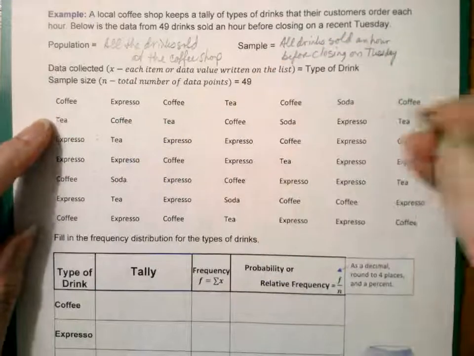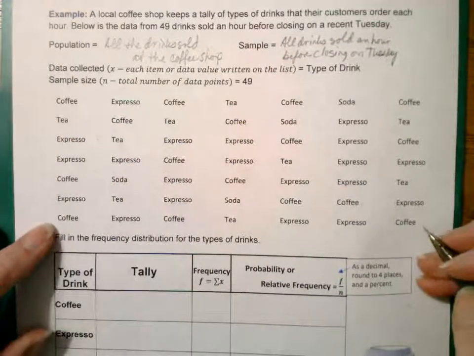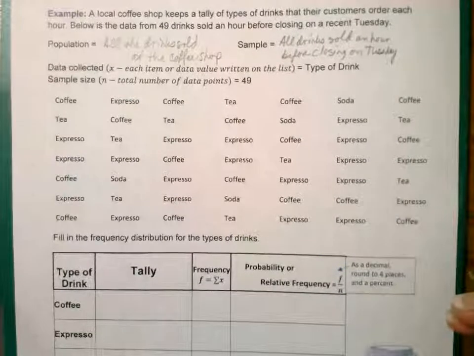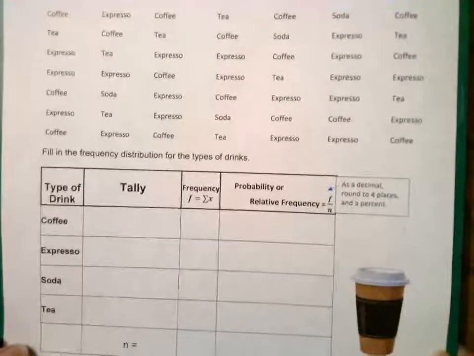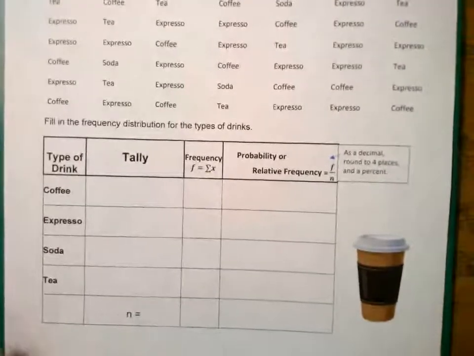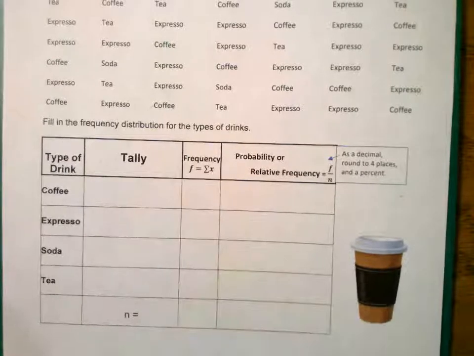So here is my clipboard, metaphorically, with the 49 different drinks that were sold. I've got my clipboard full of data. What do I want to do with it? I certainly want to start making sense of it. I want to start making a list of how many different things I sold. Apparently, I only sold 4 different kinds of things.